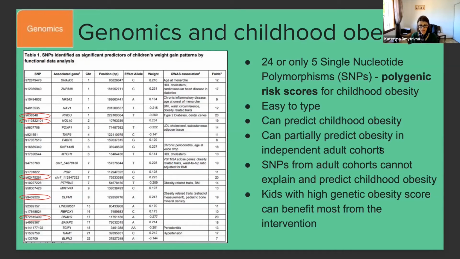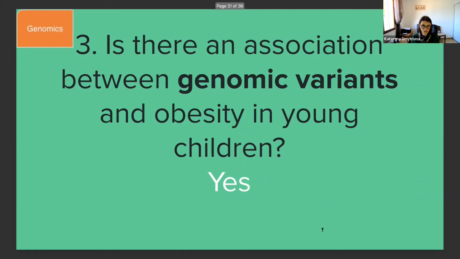And this is very important because when we're using SNPs from adult cohorts, we cannot explain childhood obesity. So potentially the genetics of childhood and adult obesity is not exactly the same. And we can identify kids who are at most risk for childhood obesity because of their genetics. And these are the kids that can benefit most from the intervention.